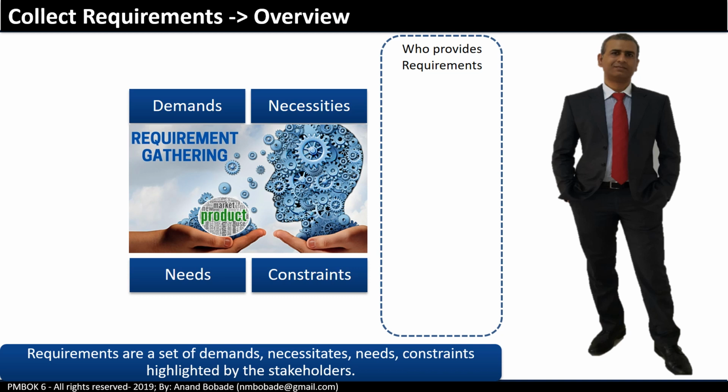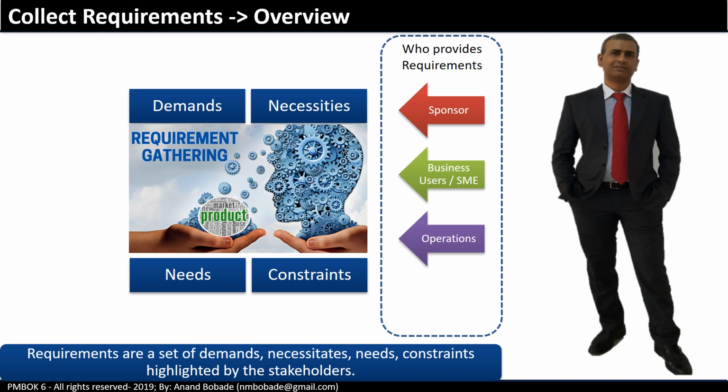Sometimes they might explain your must-have requirements. Business users, SMEs, may provide business requirements. Operations might provide you requirements to ensure smooth operations of the system once it is handed over to them. And there can be requirements coming from various other stakeholders. They may provide stakeholder specific requirements.